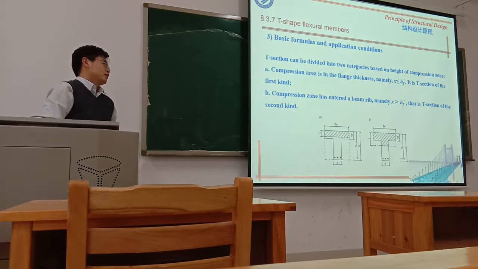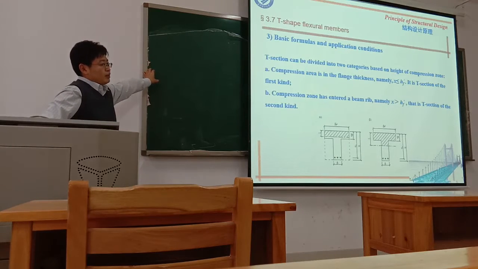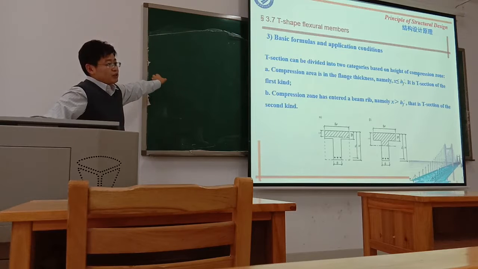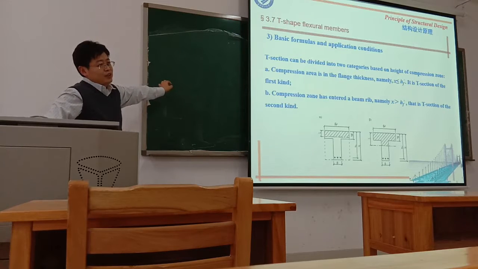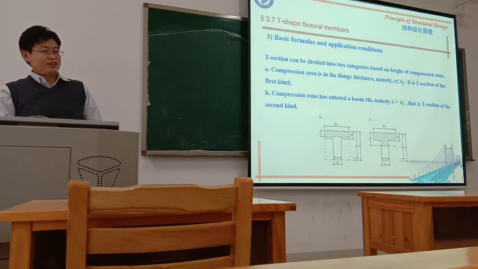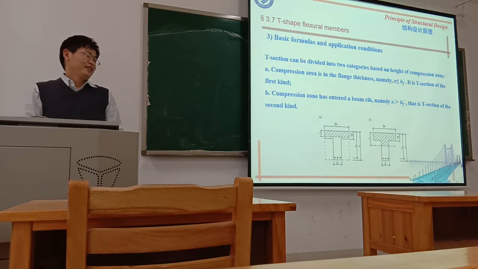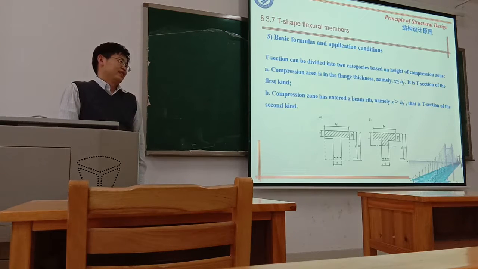So normally, in the first step of calculation, we need to determine which type of T-shape it belongs to, type 1 or type 2. So remember how to determine whether it belongs to type 1 or type 2? If f y A s is small, it's type 1.